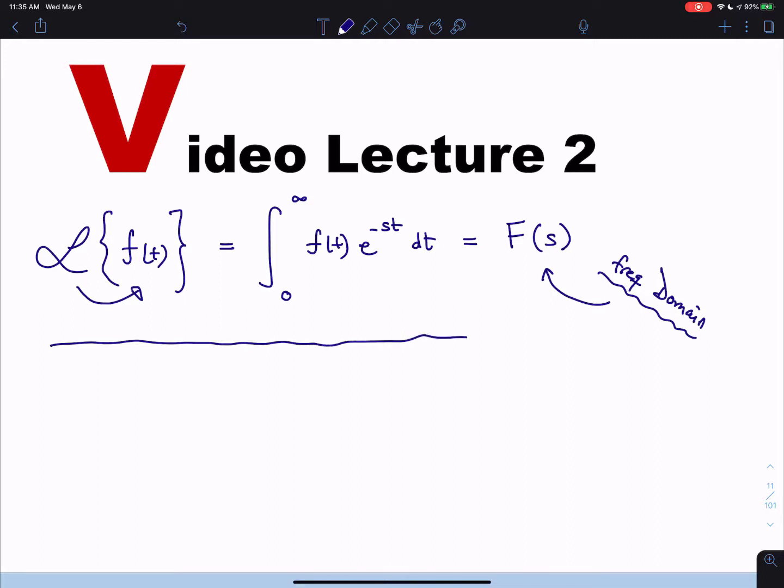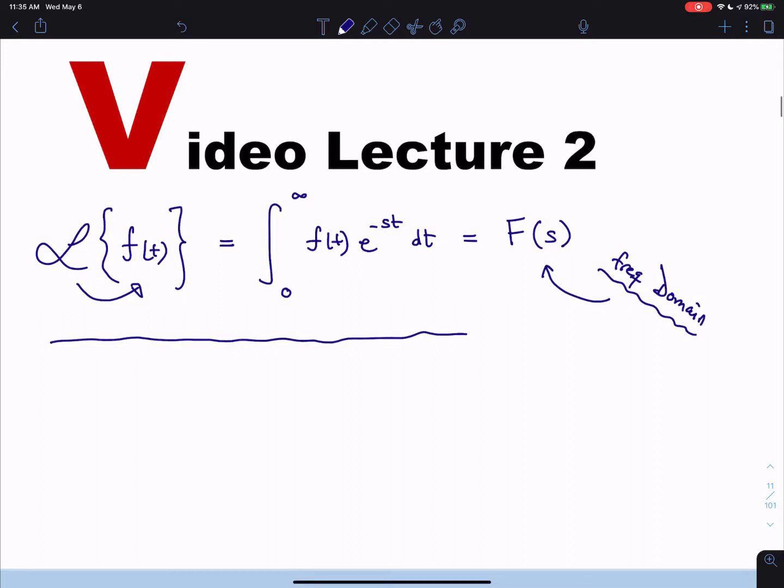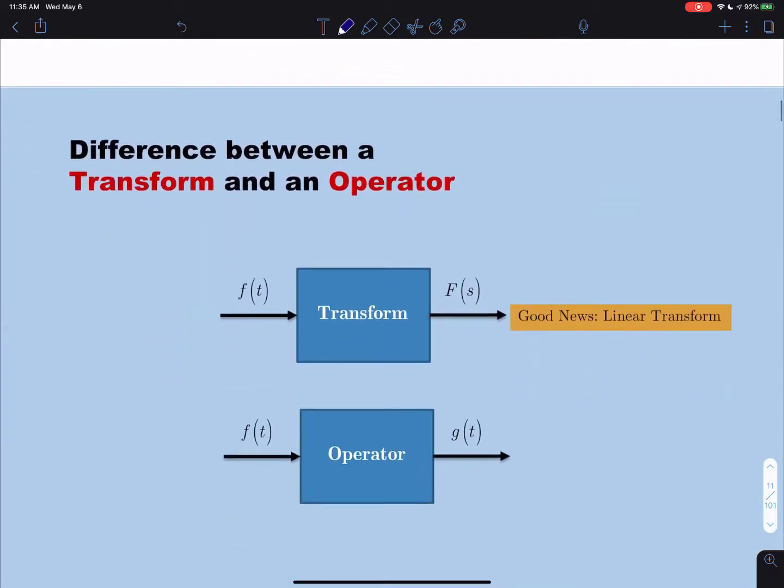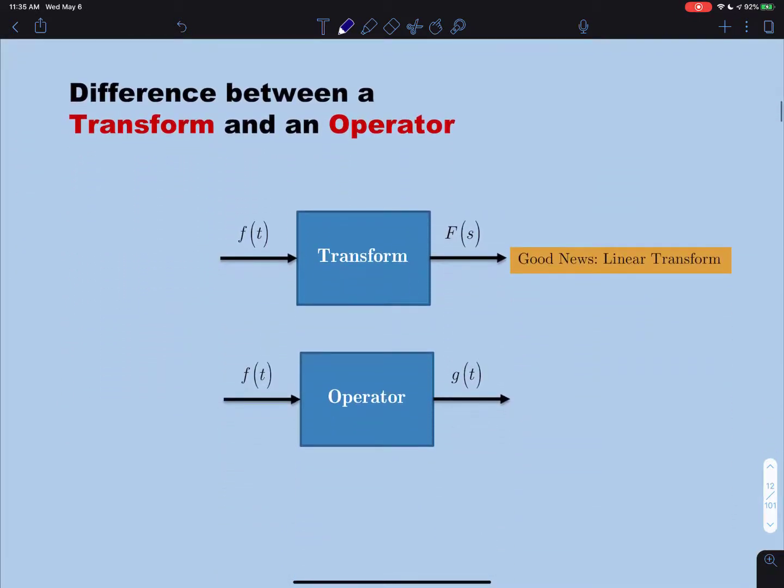Now, in order for us to work with Laplace transform, we have to determine if it's a linear operator and the difference between an operator and a transform. Let's start talking about what's the difference between a transform and an operator. I have a couple of pictures here that I hope will give you the picture. If you have a transform and a function goes into it, what comes out of it is a completely different function, but besides that, it's also based on a completely different variable.